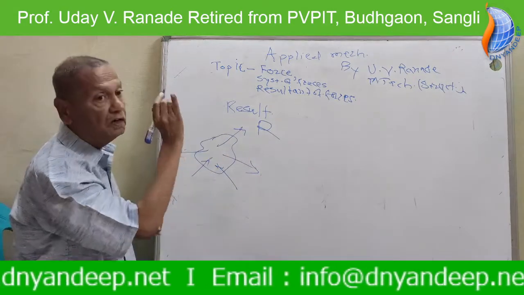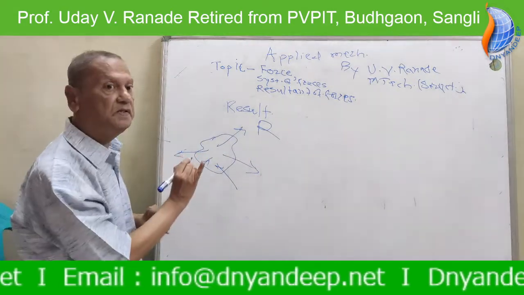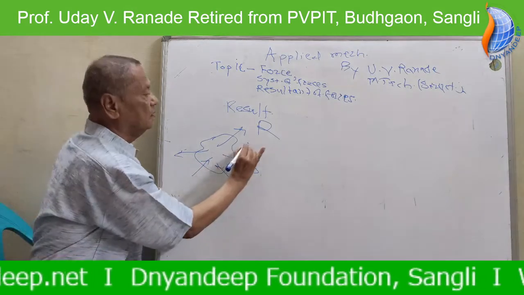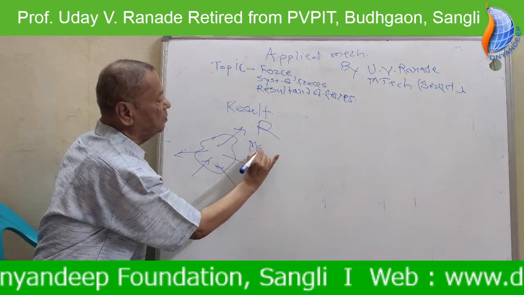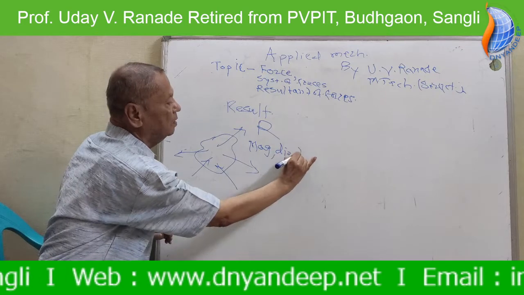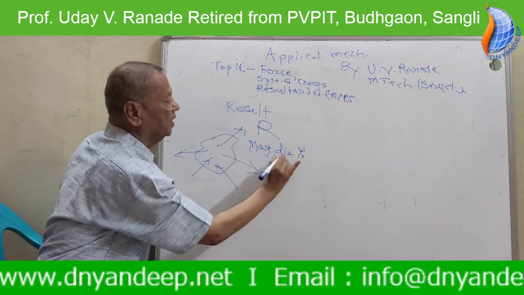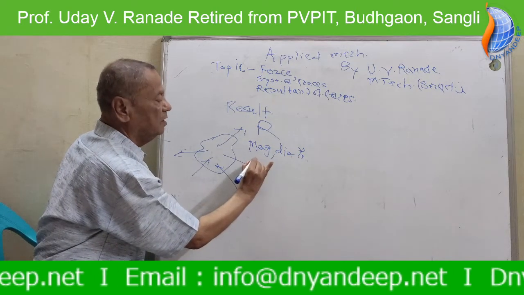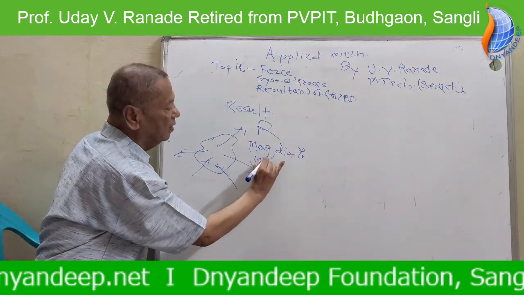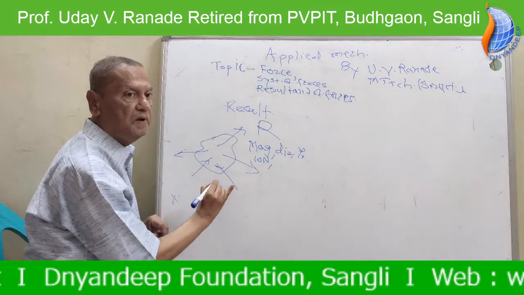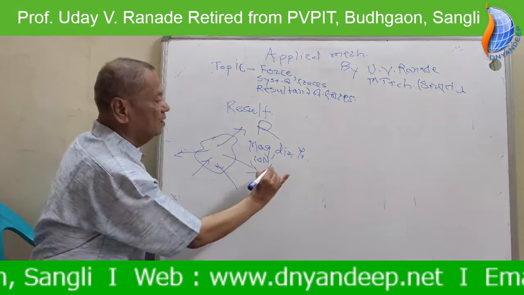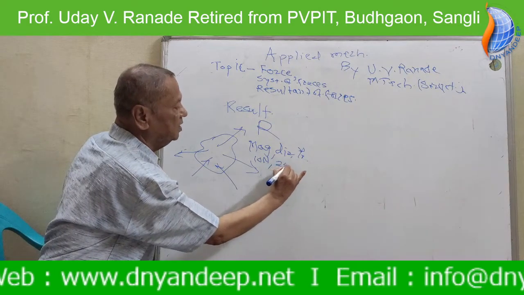Now this resultant, as I have previously said, also is to be represented in magnitude, direction and position. Magnitude means, for example, 10 Newton. Direction means making an angle with the x-axis or horizontal, suppose 25 degrees.